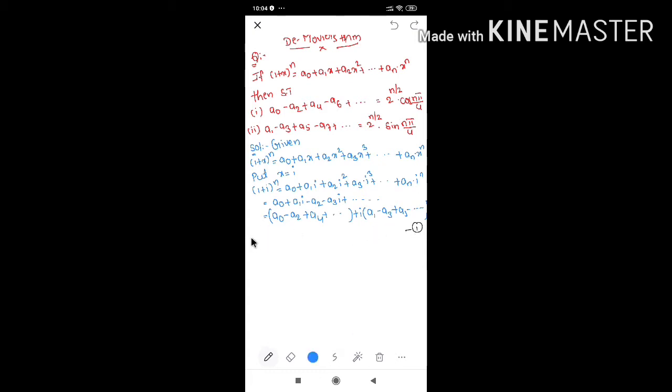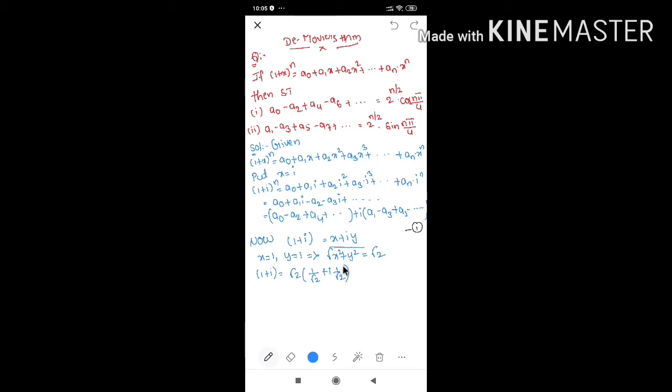So now we need to go for the LHS part. 1 plus i is equal to x plus iy. Compare the real and imaginary parts: x is equal to 1, y is equal to 1. Now go for magnitude, root over x square plus y square, that is equal to root 2. 1 plus i, multiply and divide with root 2: root 2 plus i into 1 by root 2.